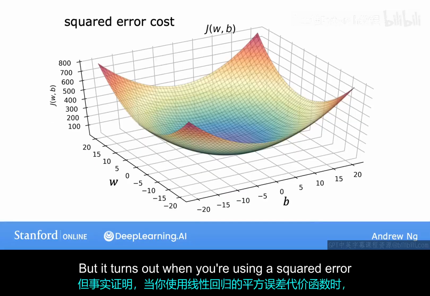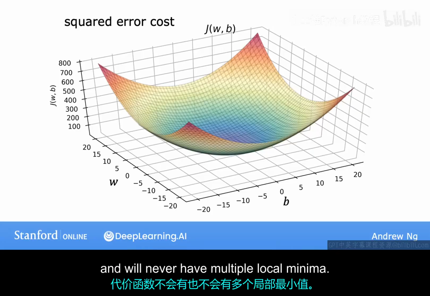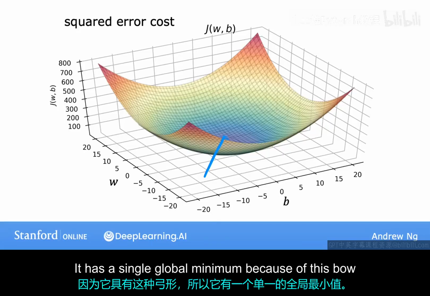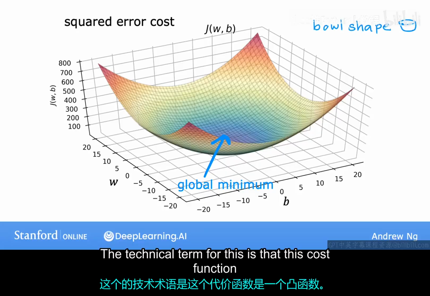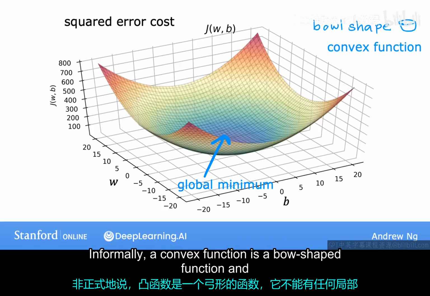But it turns out when you're using a squared error cost function with linear regression, the cost function does not and will never have multiple local minima. It has a single global minimum because of this bow shape. The technical term for this is that this cost function is a convex function.